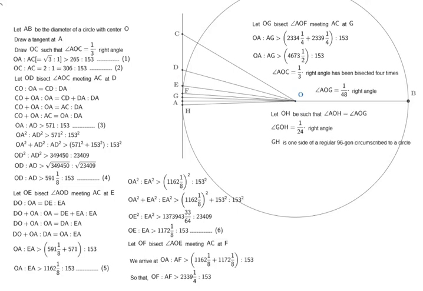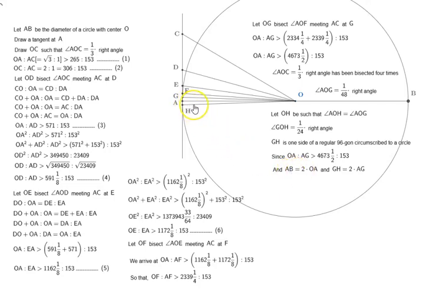That means GH is one side of a regular 96 gon circumscribed to a circle. 24, 24, 24, 24.